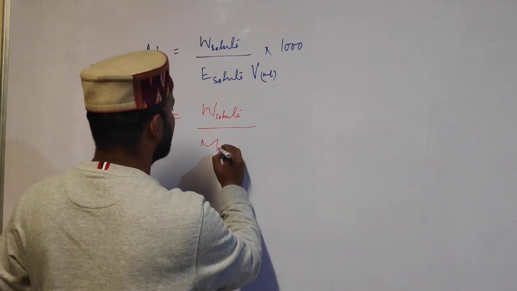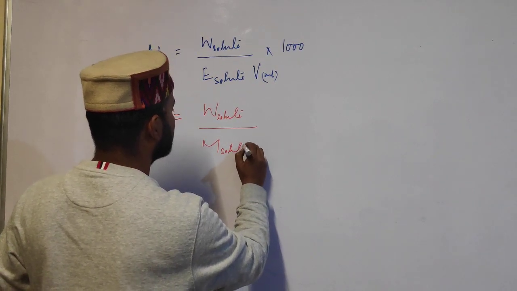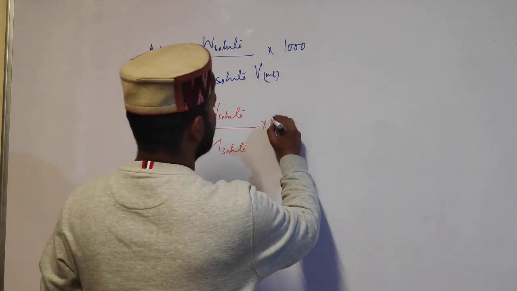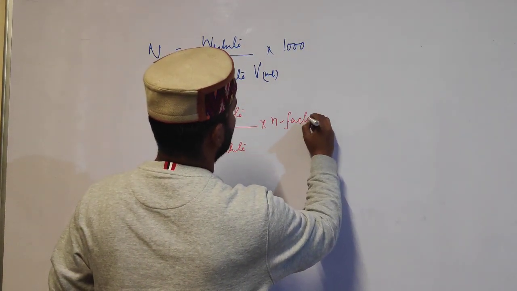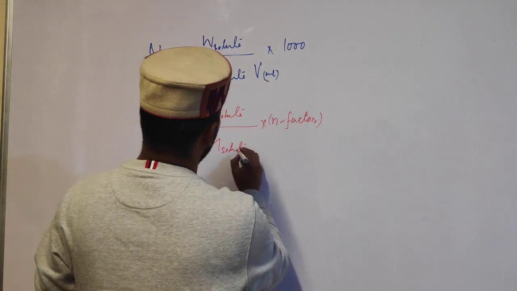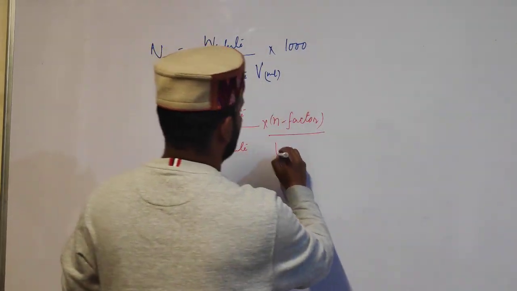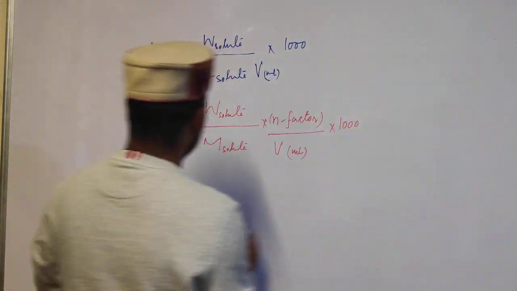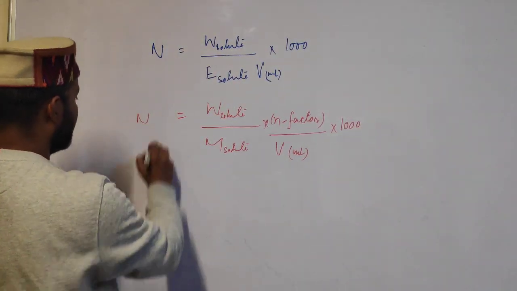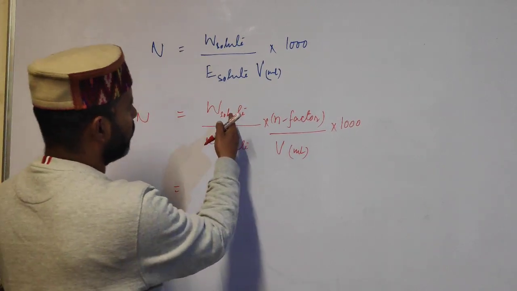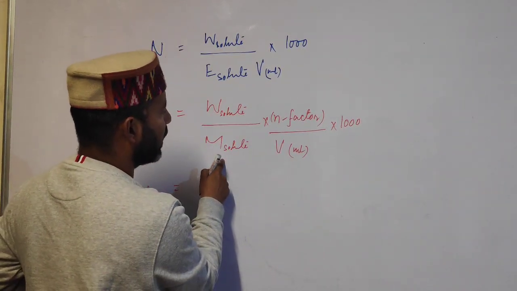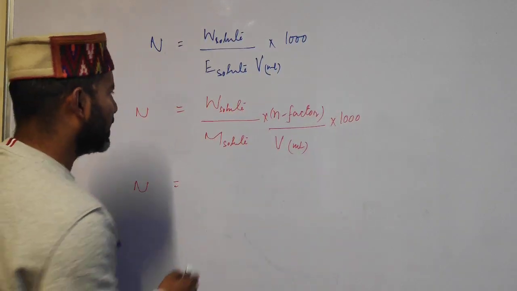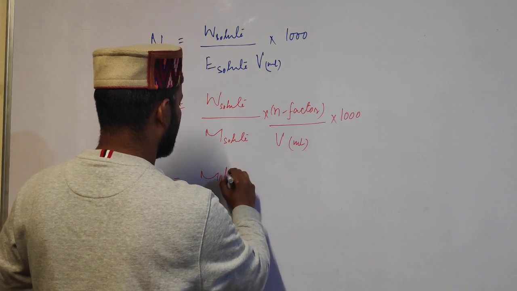It is molar weight of solute, M, divided by valency factor. And then volume of solution, say in milliliters, into 1000. So finally we have normality as weight upon molecular weight into volume, and then this is molarity. This is molarity.